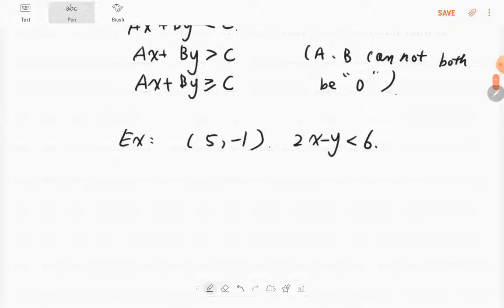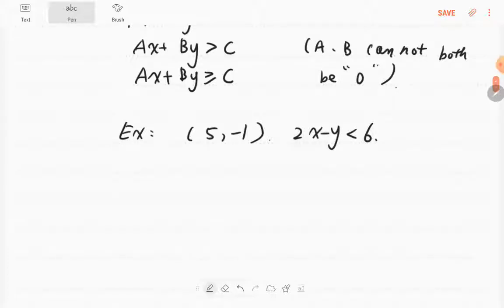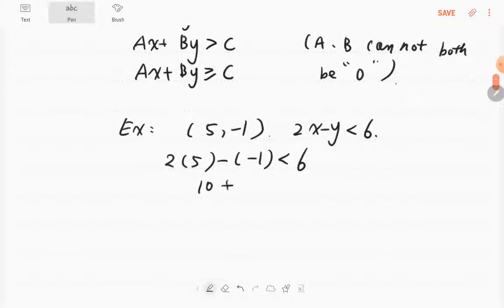Then we check if that inequality remains true or false, which is very similar to determining the solution for the linear equation. So this time we use 5 to replace the x, then use -1 to replace the y. On the left side, we will get 10 plus 1, and the right side, we will get 6. So that will be 11 less than 6.